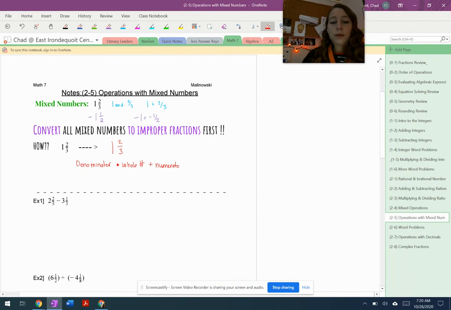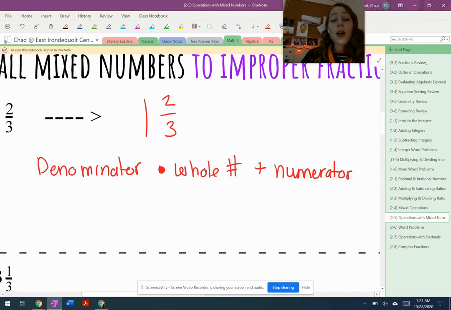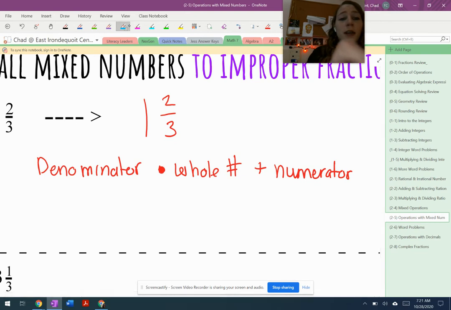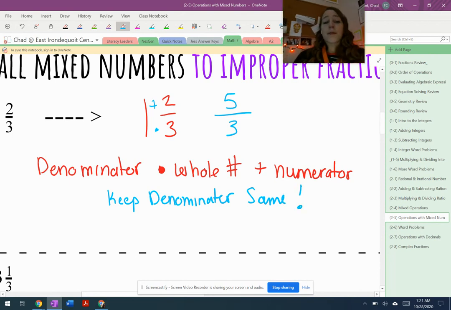So if I'm looking at this, I'm going to take 3 times 1, which is 3, plus 2, which is 5. So 5, and then I keep that denominator the same. Keep denominator the same. Okay.